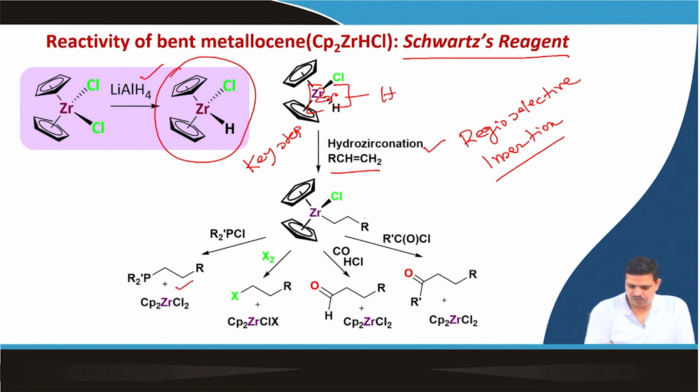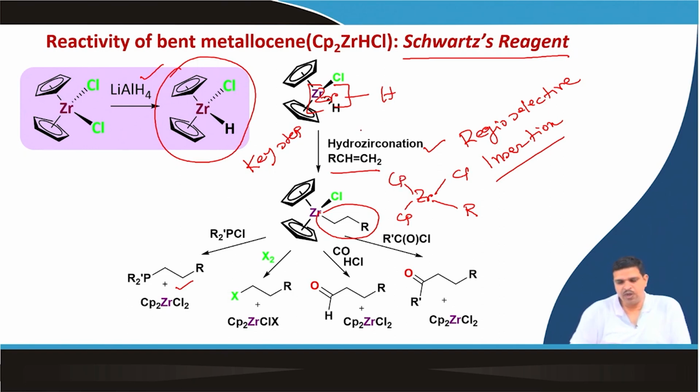Once you form the zirconium carbon alkyl, with the chloride, the R group, and Cp, you are converting the hydride to the zirconium alkyl complex and then reacting with X2, any halide, so you are functionalizing your alkyl.